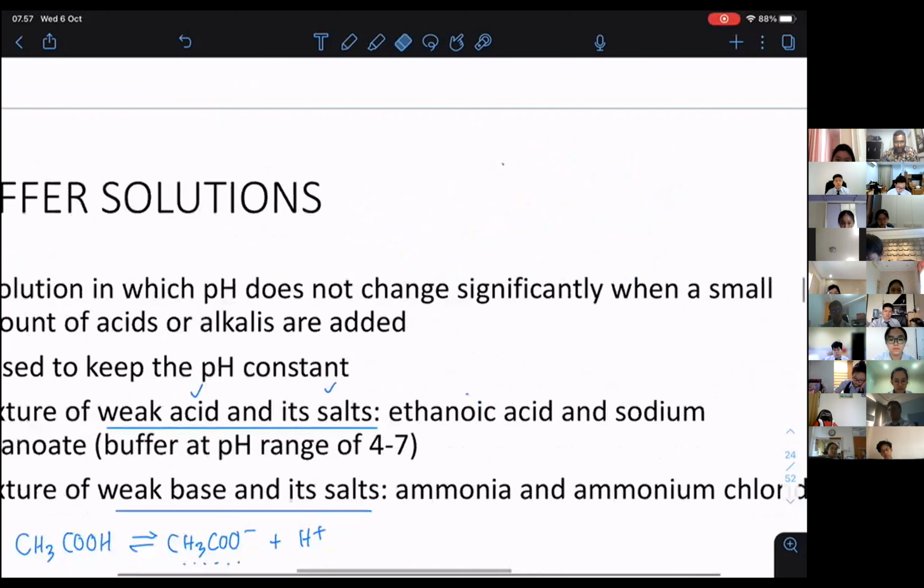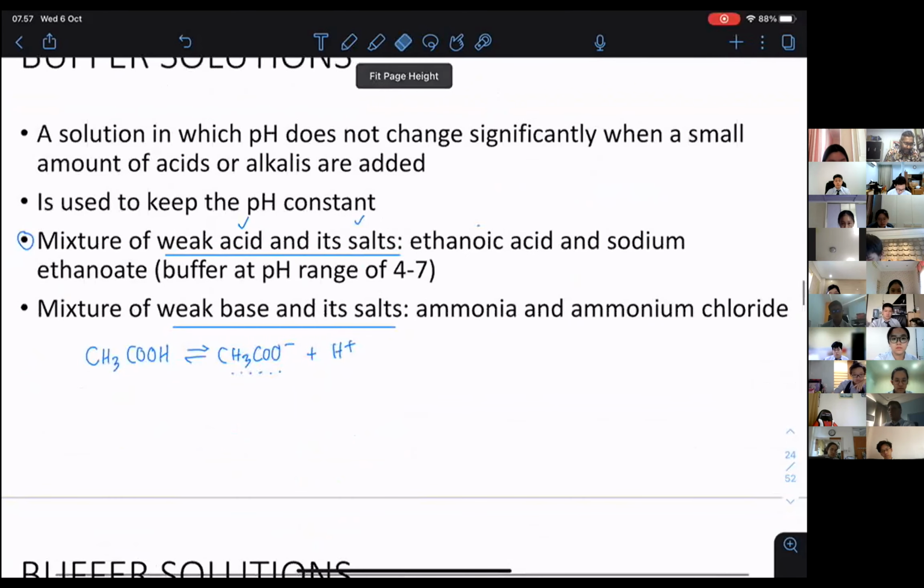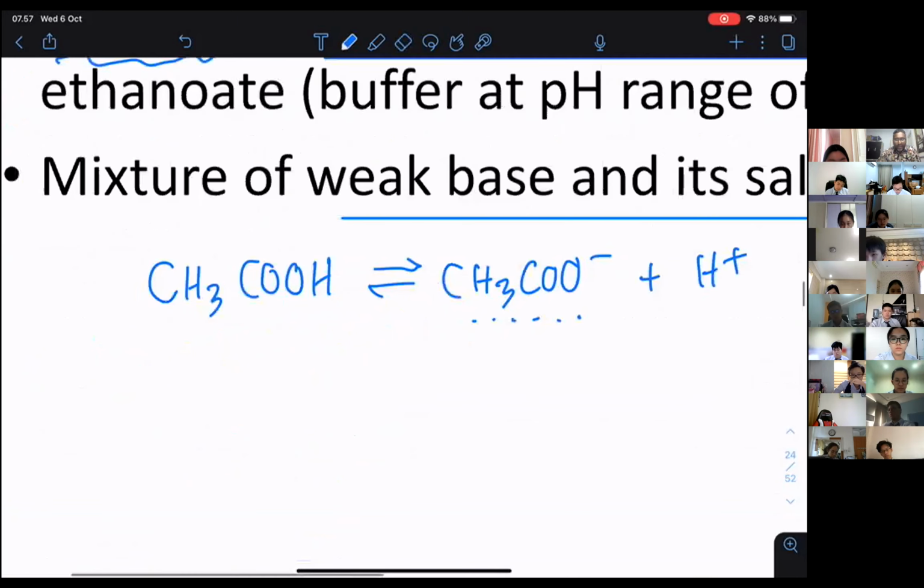It's a mixture. You don't expect the ethanoate to come from the ethanoic acid itself, because it's a weak acid, so the amount of ethanoate is too little.